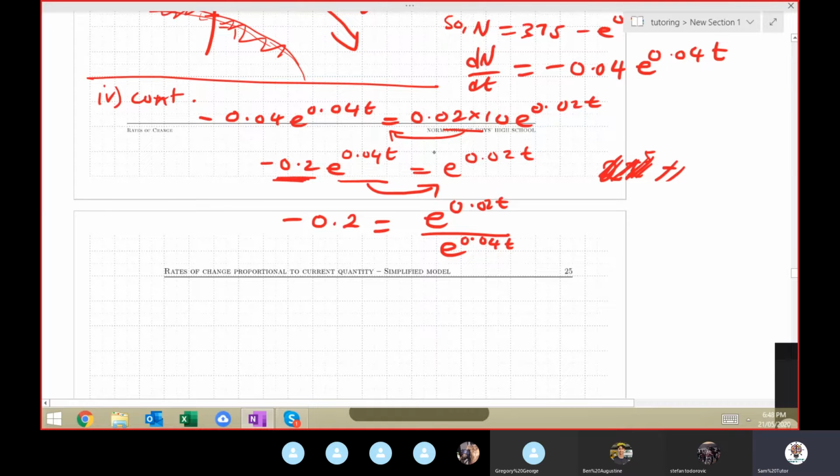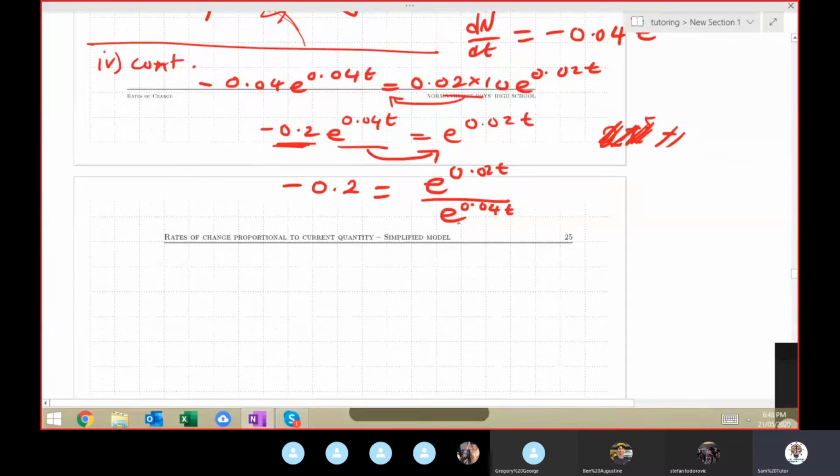You can't have letters on two different sides. Then what do you do when you have an exponential, or when you have a base divided by a base? What do you do to the powers? You would subtract them. So it's 0.02 take away 0.04, which should just give you 0.02.